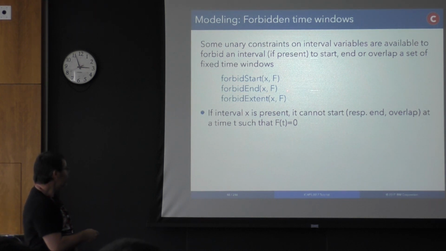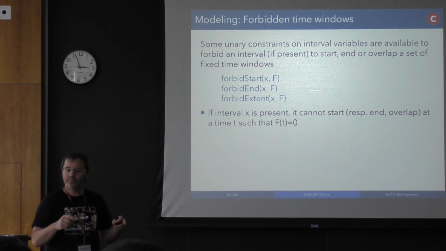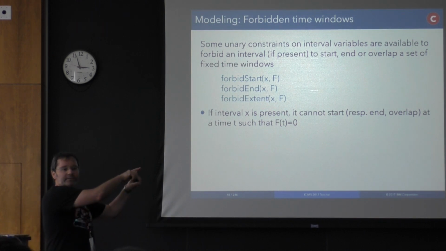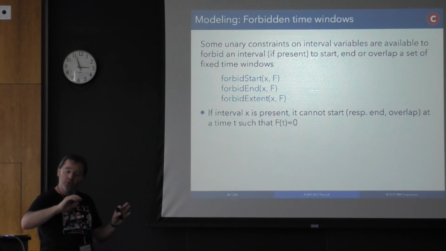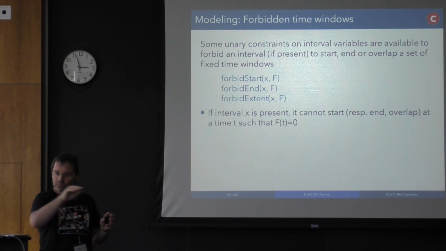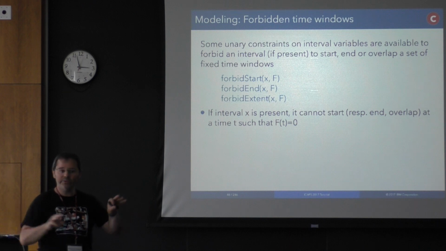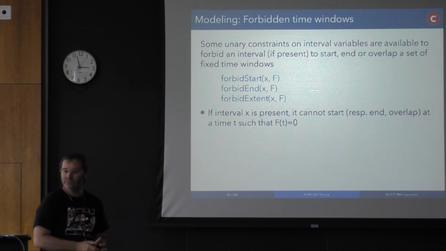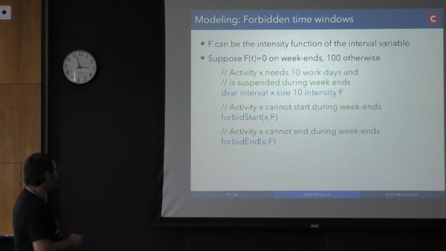Another way is to use this forbid extent. You would use only x as a decision variable, but you would have a stepwise function that is 1, 100, whatever, non-null on the time windows where the interval can go, and 0 otherwise. This means that the interval will have to go into one of the holes in this function. This is an alternative model for this.